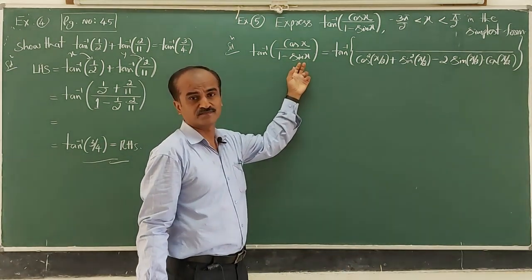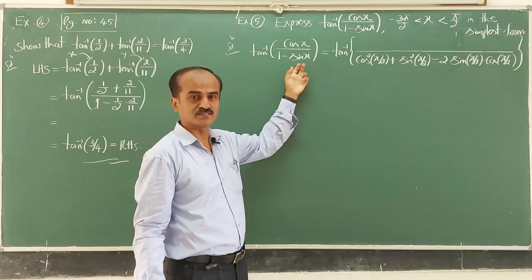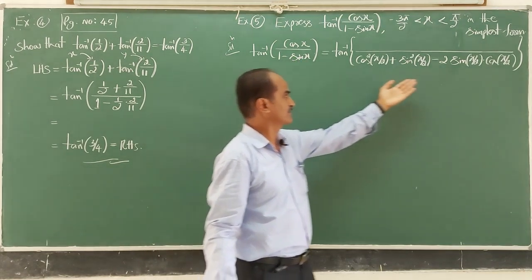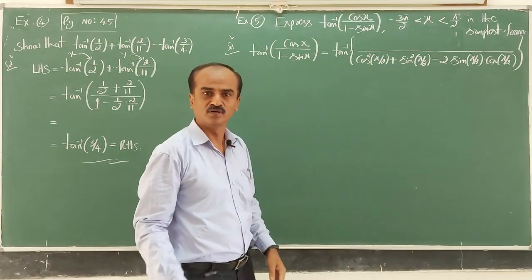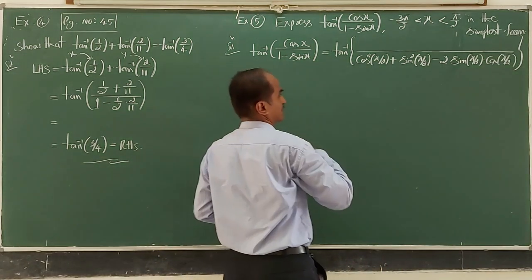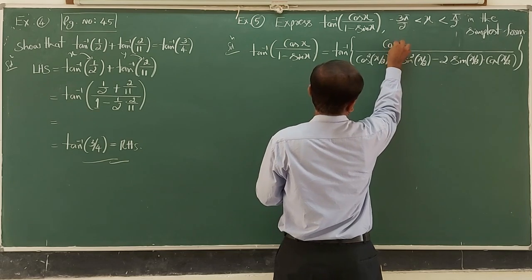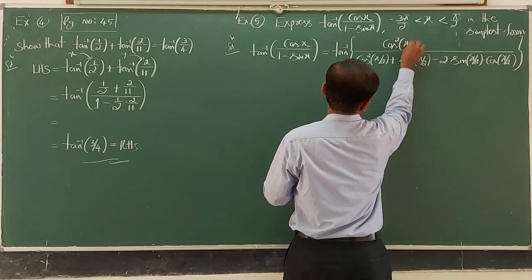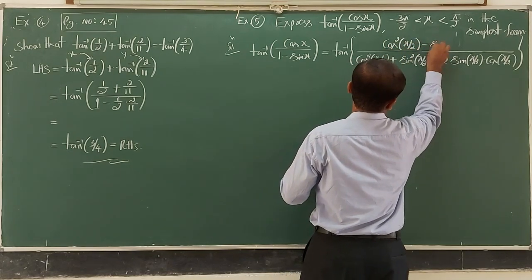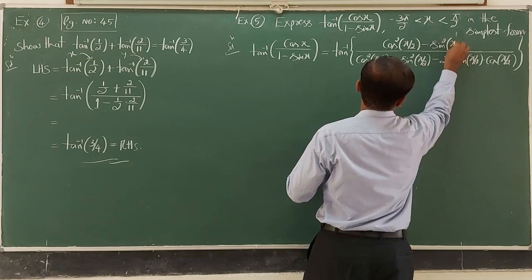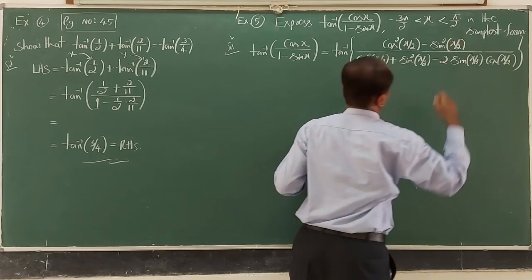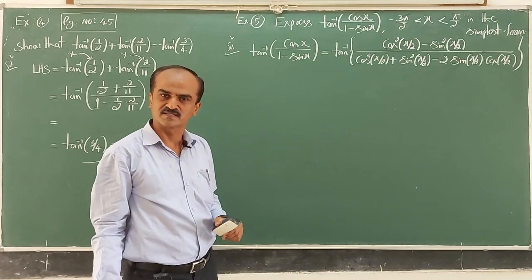Similarly, sin 2 theta means 2 sin theta cos theta, now sin x half angle formula applied, 2 sin x by 2 cos x by 2. In the numerator, cos x is there. I write that cos x as cos square x by 2 minus sin square x by 2. That is cos square theta minus sin square theta.